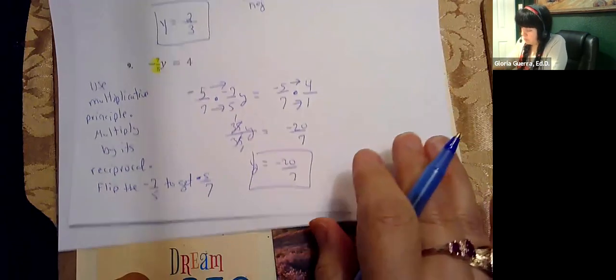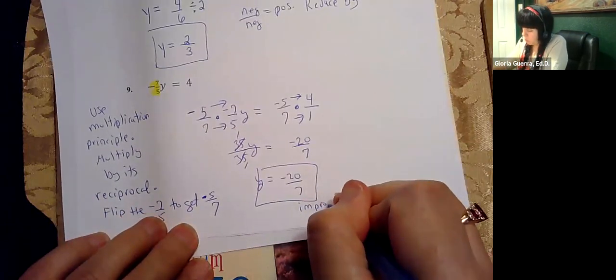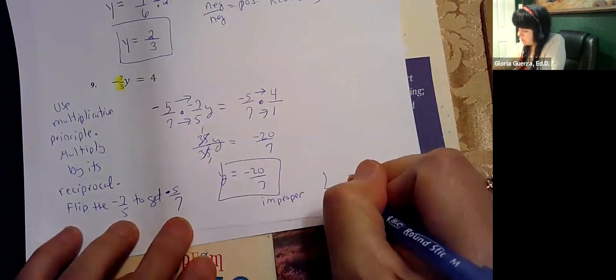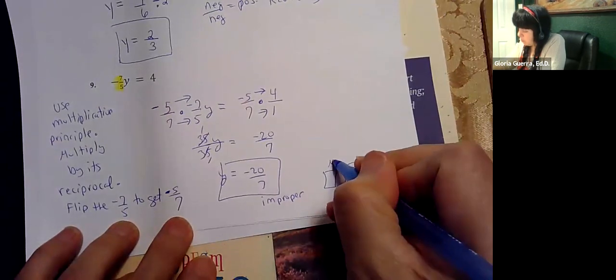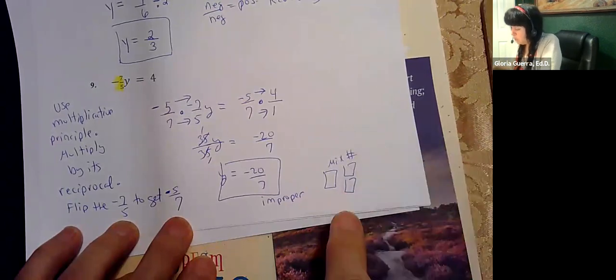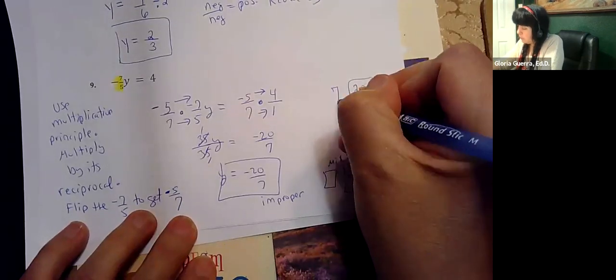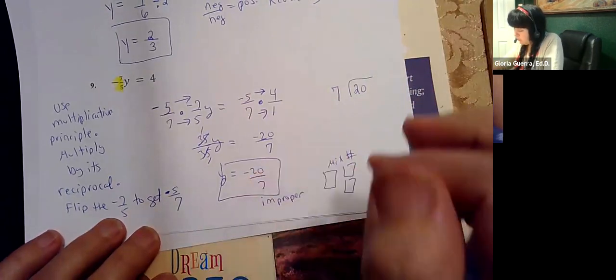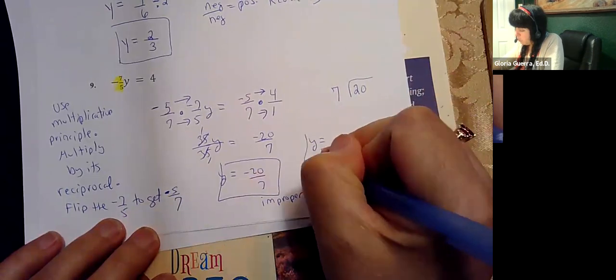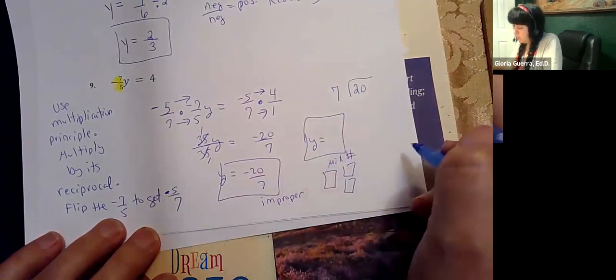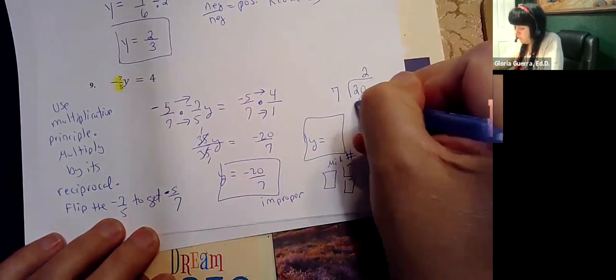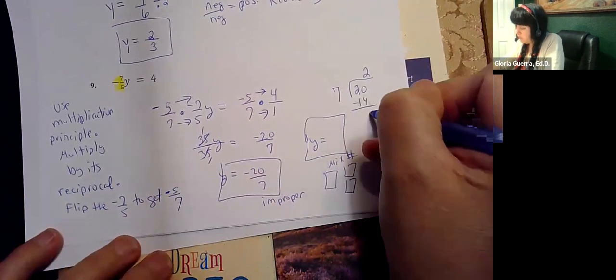And that's improper. If you want to make it into a mixed number, you do long division. I know it's negative, so I have the negative here. 7 goes into 20 about 2 times, 14, 6 left over.